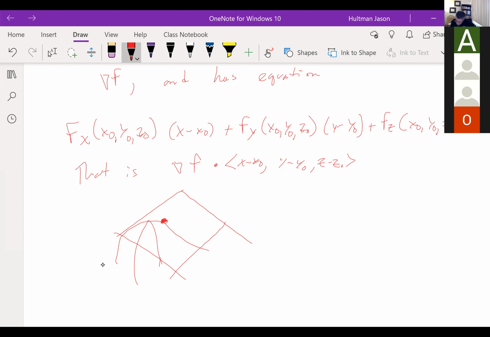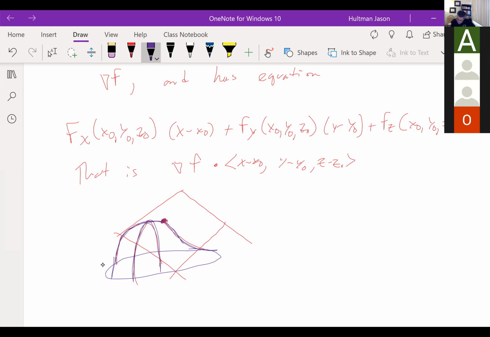The surface and the tangent plane, maybe I'll use a different color. Darken the surface in. You kind of get the idea here.